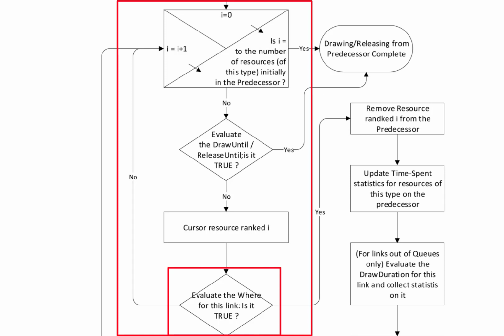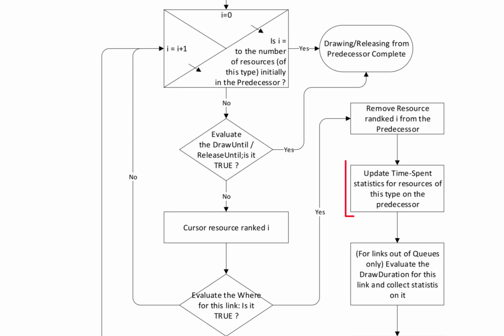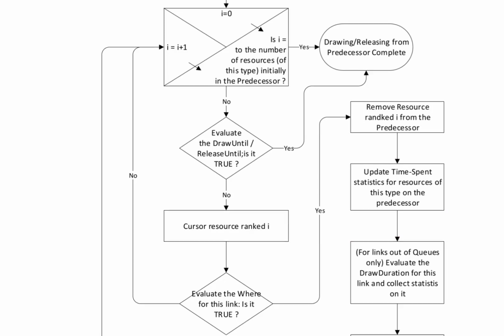If the evaluation of the draw where expression for this link and for the currently cursored resource returns the result true, then Stroboscope will remove the resource ranked I from the predecessor, update the time spent statistics for resources of this type on the predecessor, and for links out of queues only, it evaluates the draw duration for this link and collects statistics on it.